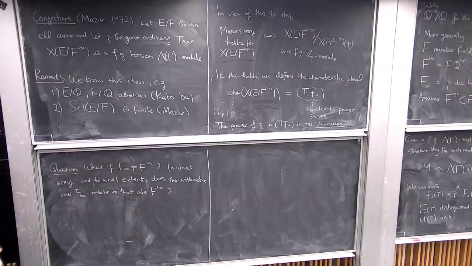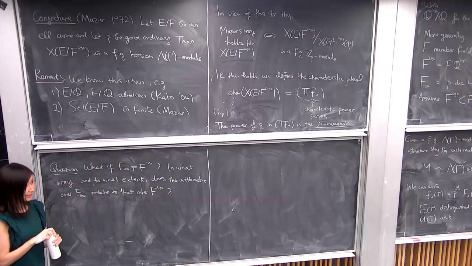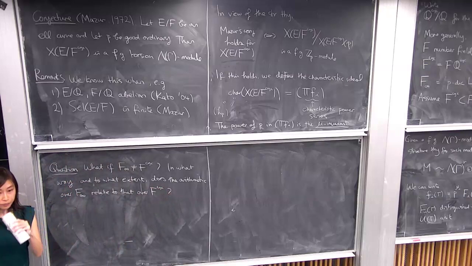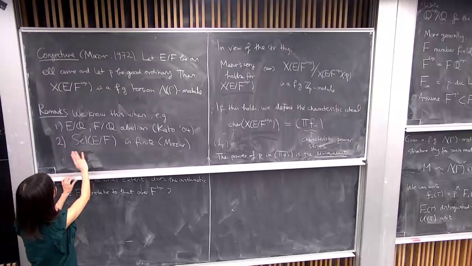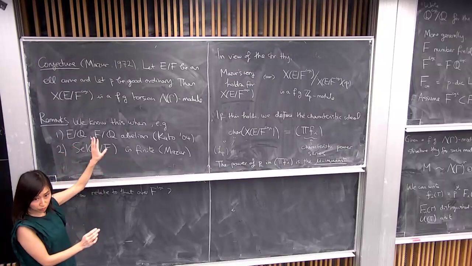Do you define the Selmer group of E over F infinity as the injective limit of Selmer groups of E over the finite layers? Yes, exactly. I'm just confused about why points don't give an infinite part. Are you saying that the Shafarevich-Tate group is fine? This is as in the case when this is finite, Mazur can show this.